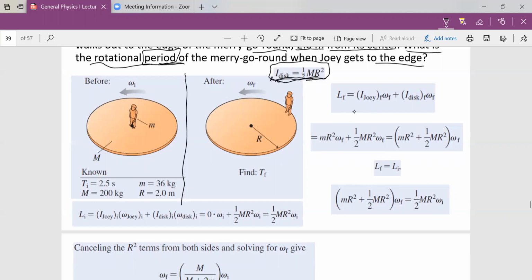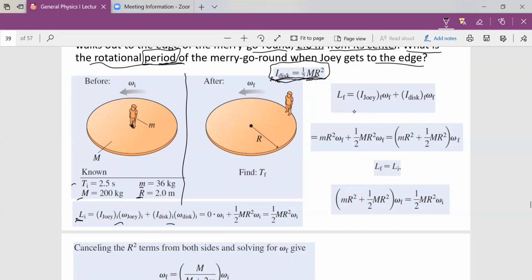The initial period was given, the mass of Joey was given, and the distance walked is 2 meters. We have two objects now, Joey and the merry-go-round, so the initial angular momentum is the sum for Joey plus that of the merry-go-round.